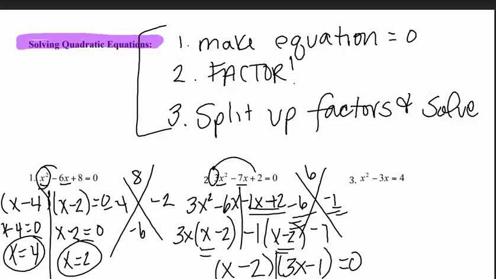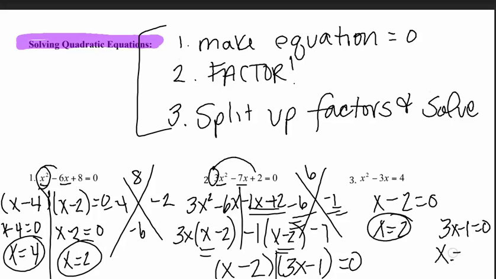Split up my factors. So I'm just going to come over here because I ran out of room. x minus 2 equals 0, and 3x minus 1 equals 0. Solve for x by adding 2. x equals 2. Solve for x by adding 1 and dividing by 3. And I'm done. So I want you to go ahead and try these problems, and if you have questions, I want you to come and see me.